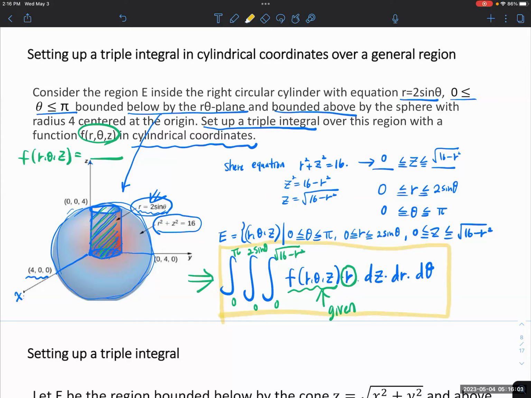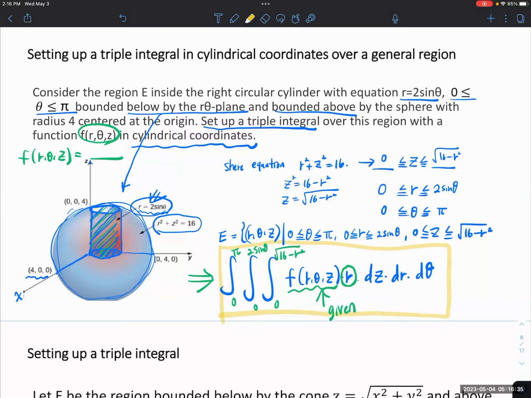Okay. All right. So we keep practicing setting up the triple integral, and then setting up the interval for each of theta, r, and z. That's it. Nothing special. For example, on the final, I might just ask you to set up the triple integral by defining the correct intervals.